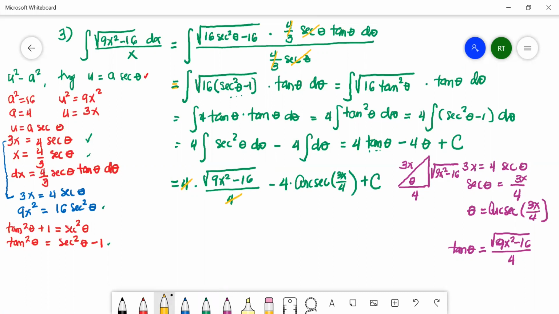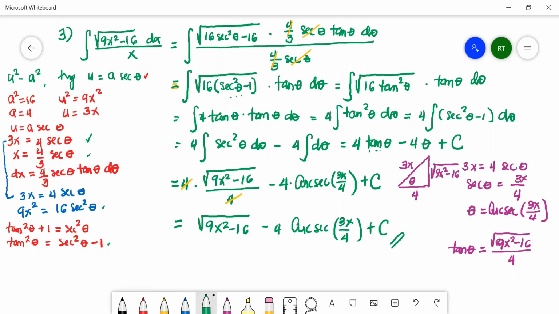We can cancel 4. And the integral is equal to the square root of 9x squared minus 16 minus 4 times arc secant of 3x over 4 plus the constant of integration. So I hope that you were able to follow the discussion on integration by trigonometric substitution.